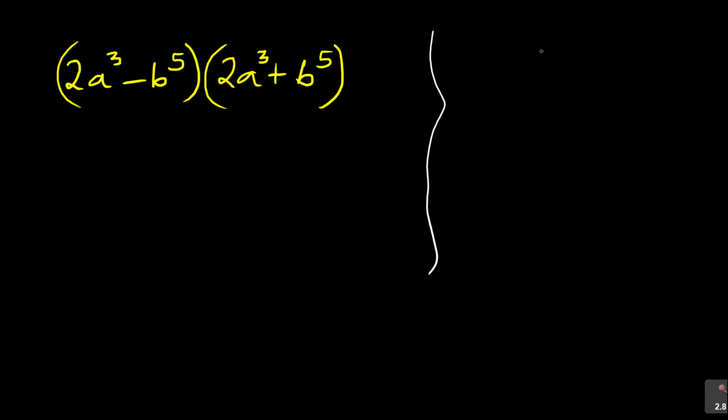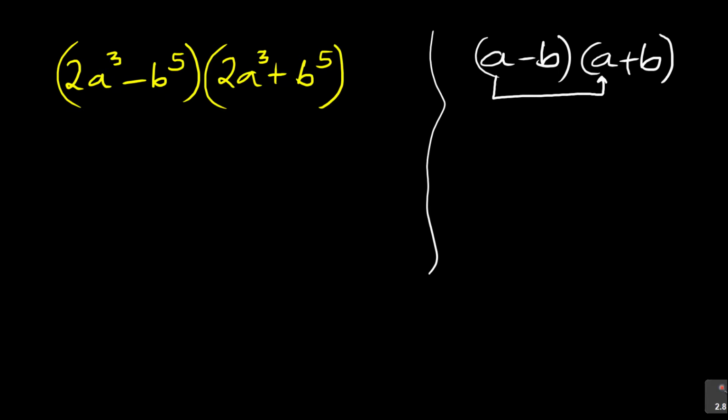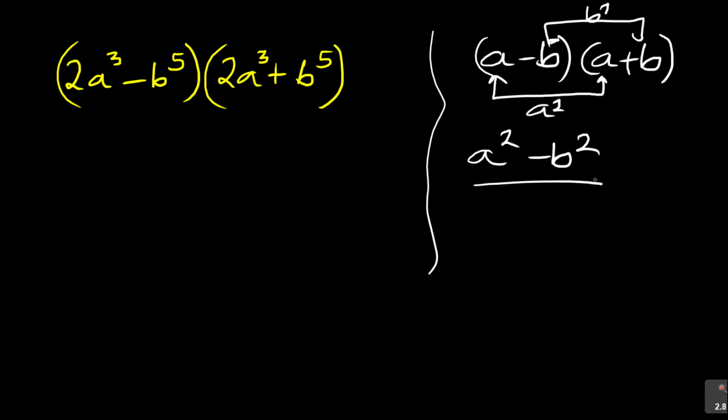If you still remember, I said if you're given a minus b, and here I give you a plus b, you must trust that it's as good as taking the first one, you multiply a times a, so that you get a squared. You multiply b times b, so that you get what? B squared. So the answer simply becomes a squared minus b squared. It's called the difference of two squares.